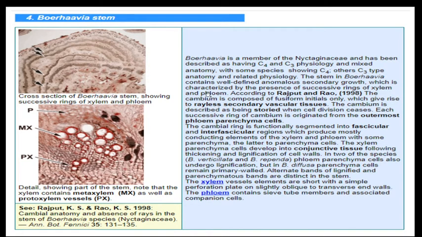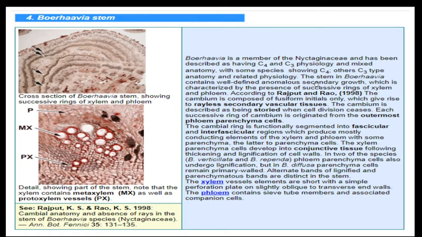So Boerhavia is a member of the family Nyctaginaceae and has been described as having C4 and C3 physiology and mixed anatomy. So what is meant by mixed anatomy? They show a secondary growth which is anomalous in origin, with some species showing C4 and others C3 type anatomy and related physiology.